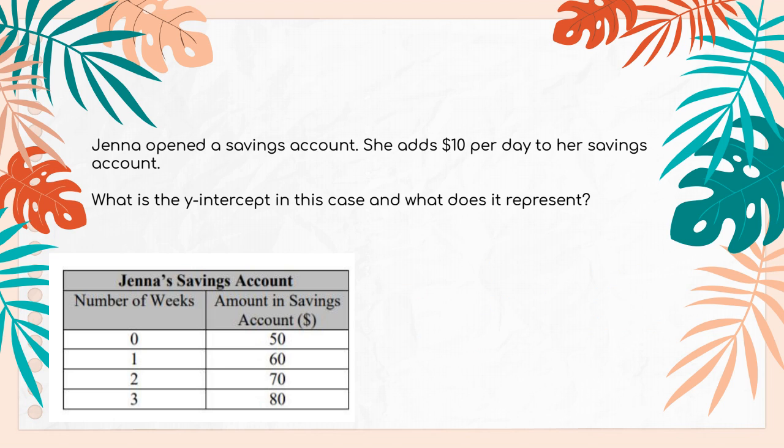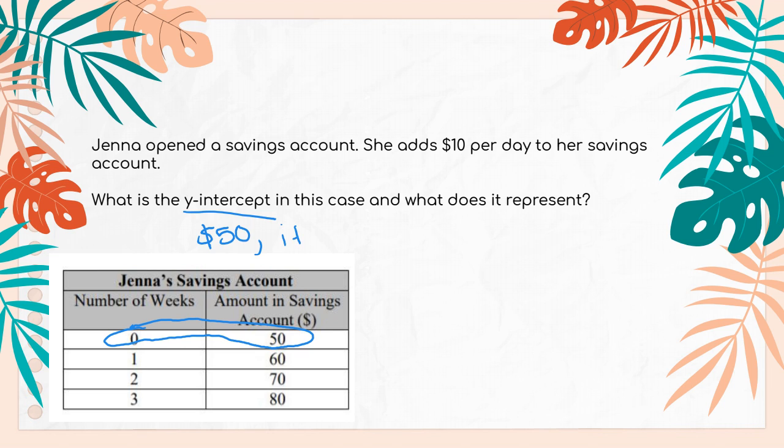Example 2, Jenna opened a savings account. She adds $10 per day to her savings account. What is the y-intercept in this case, and what does it represent? So remember that our y-intercept is when x equals 0. So on the number of weeks, I find 0, and I look at the amount she has saved. So my y-intercept then I can clearly tell is $50, right? And what does it represent?